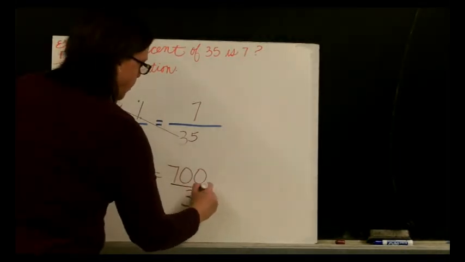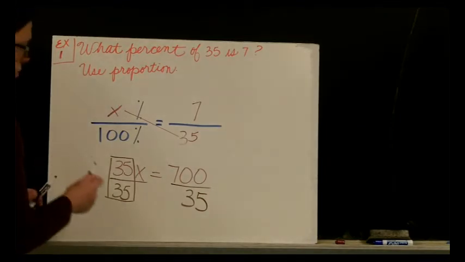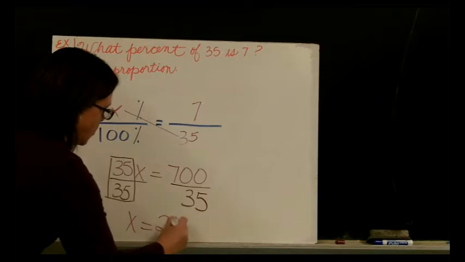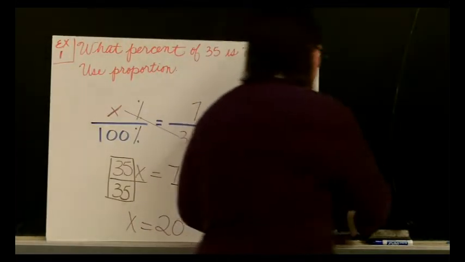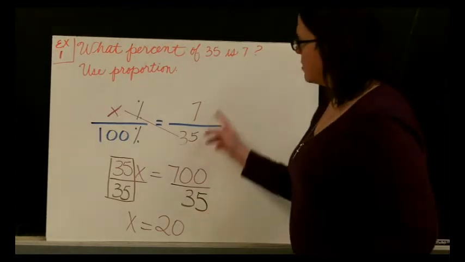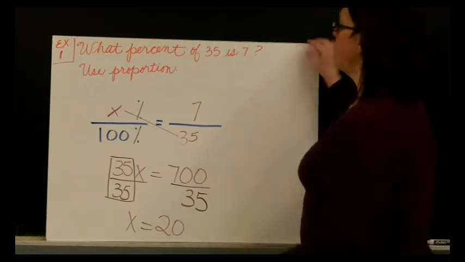We divide the 700 by 35, and we get that x equals 20. So the final answer for this problem is that 7 is 20% of 35.